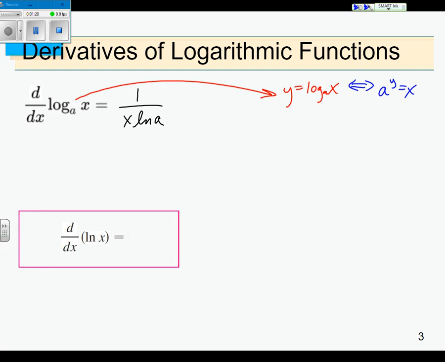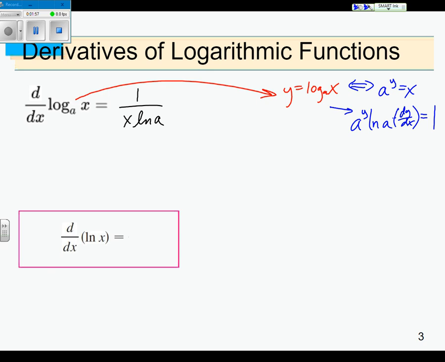So if I take the derivative of this, I will get a to the y natural log of a, and since I take the derivative with respect to y, that's going to give me a dy over dx right there equals 1. A little bit of implicit differentiation.